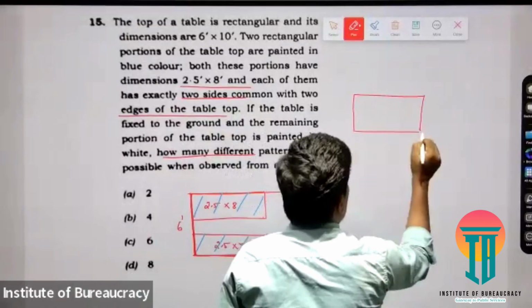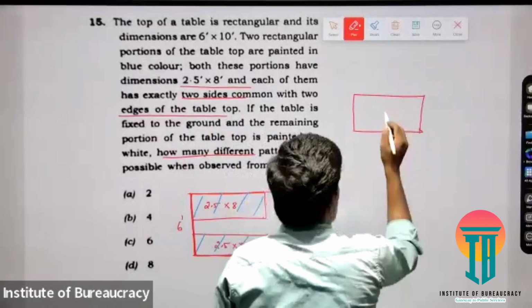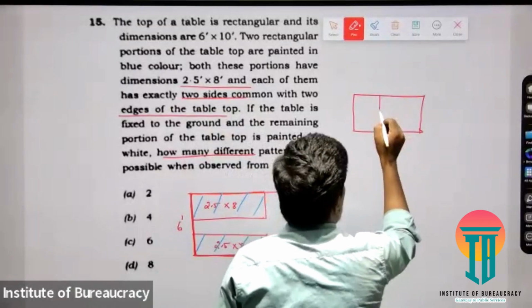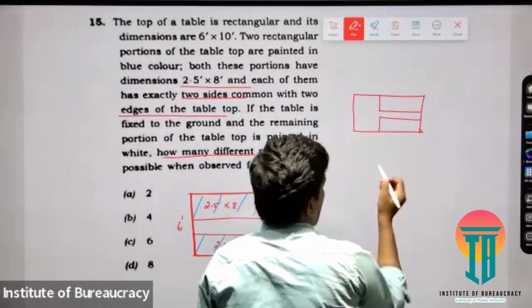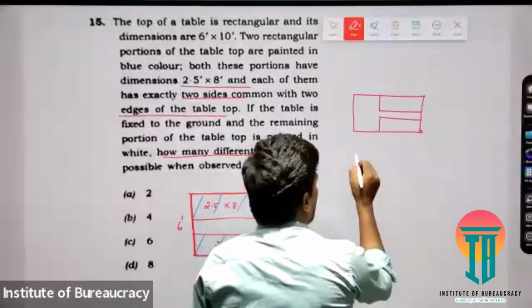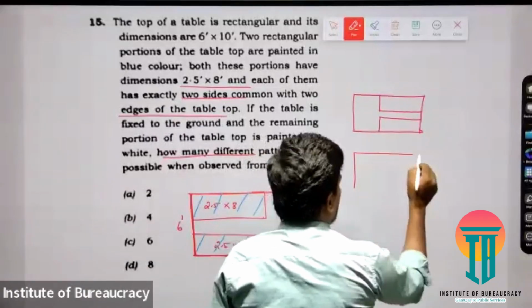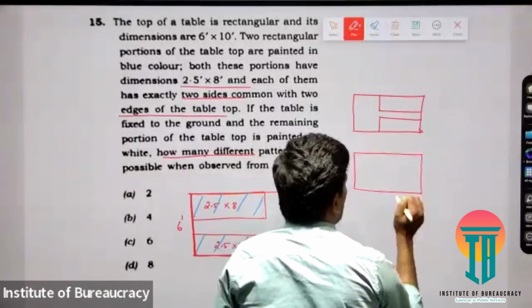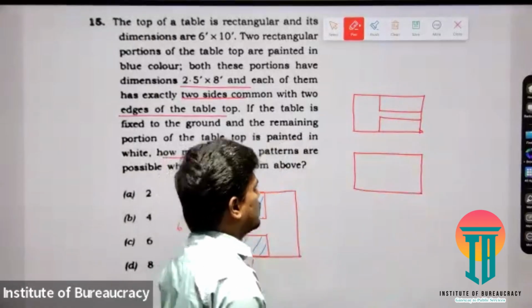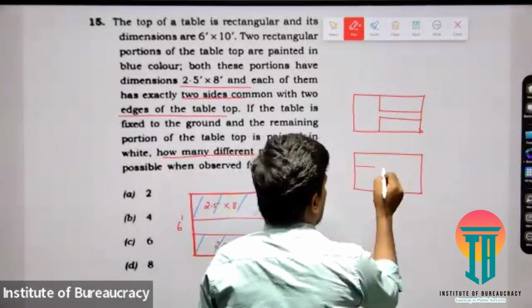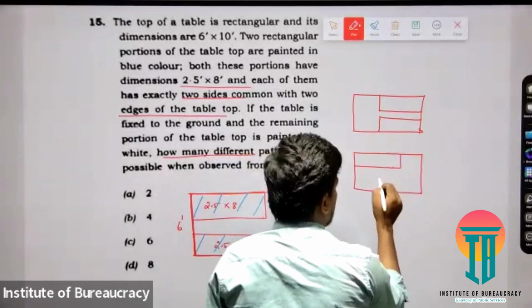The other one, instead of taking this left corner, you can take both on the right corner. Like this, you can take this as the second one. The third one could be something like this. But two edges need to match with the edge of the tabletop. So another one can be something like this.